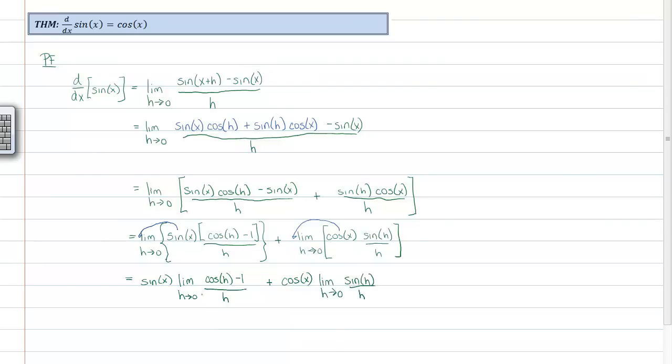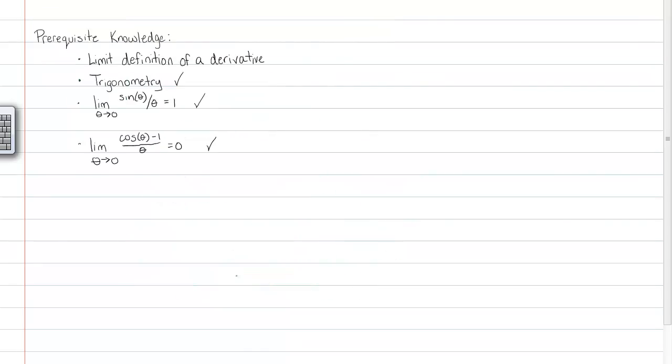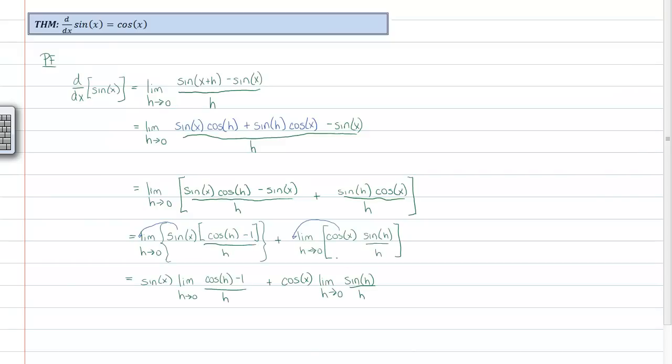Now, both of those limits should look very familiar because those were my required prerequisite knowledge. The limit as my variable goes to 0 of sine of the variable over the variable is equal to 1. So this limit in the back, and I'll highlight that here, where the variable is approaching 0 of the sine of the variable over the variable itself, that will approach 1.